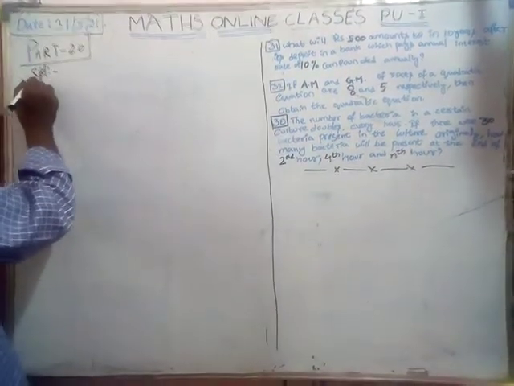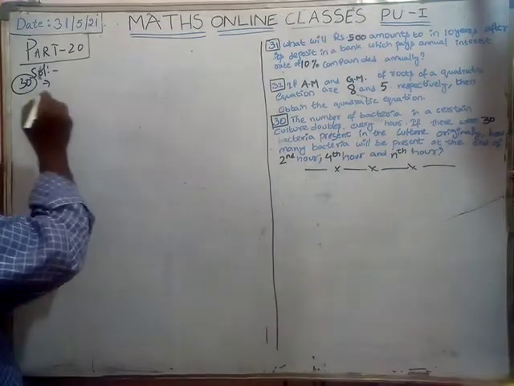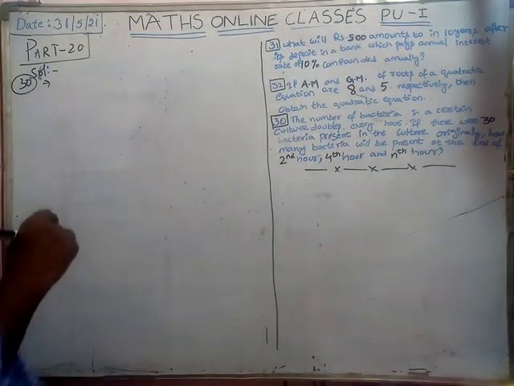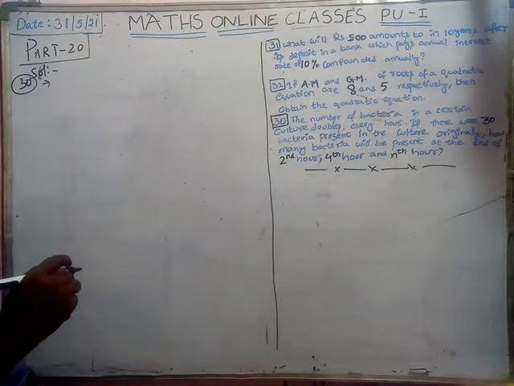In the solution of the 30th problem, the bacteria is increasing in double time.